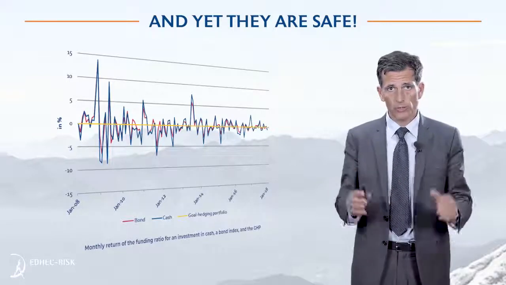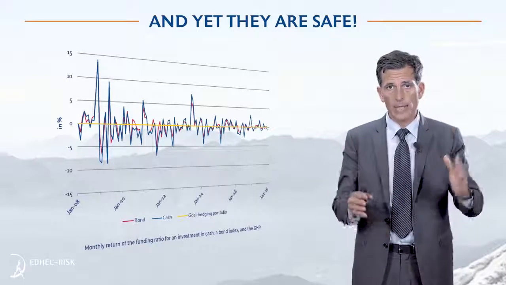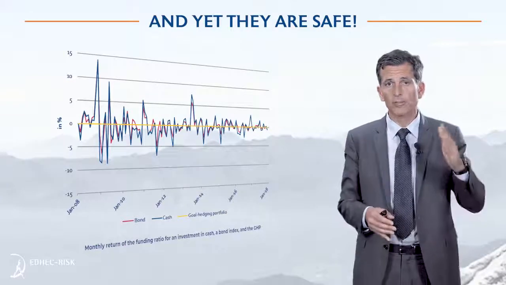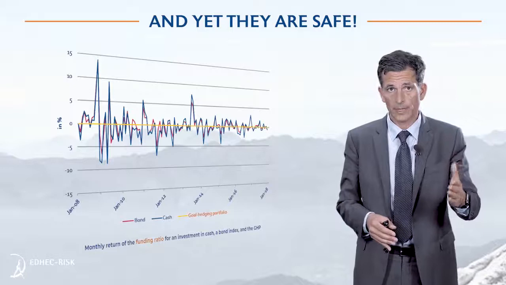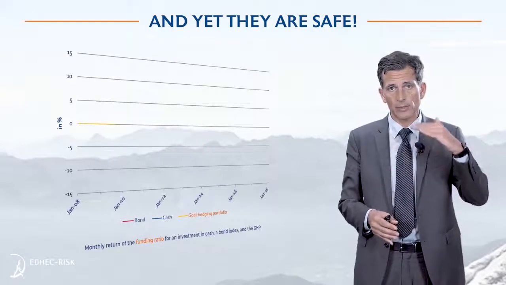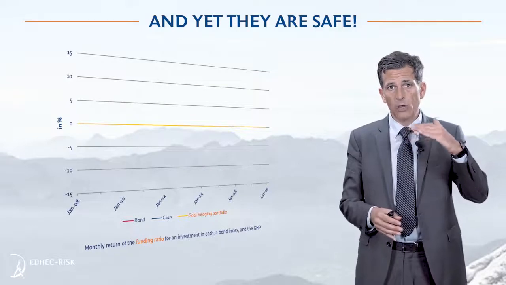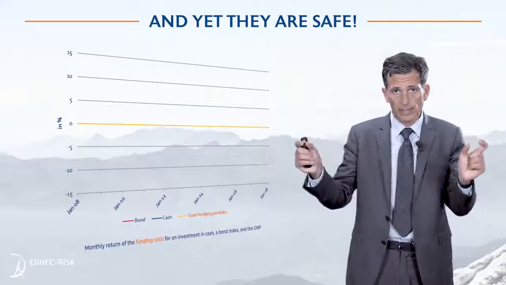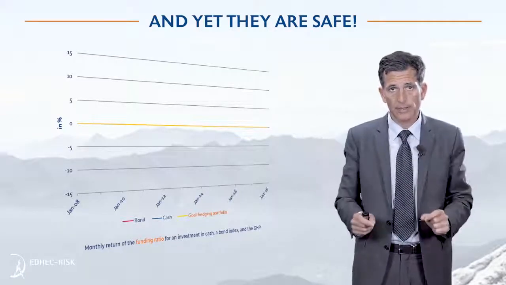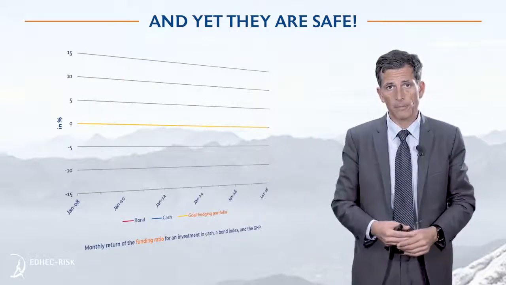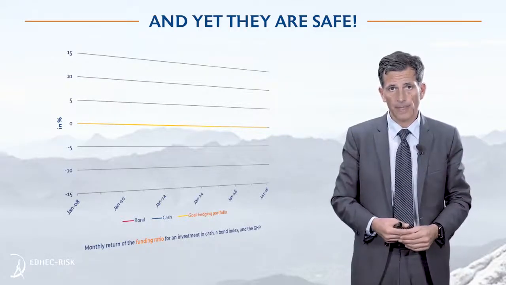So now we're switching to a new perspective where we're looking not at the return on the assets, but we're looking at the return on the funding ratio. If you're looking at the return on the funding ratio, by assumption, the retirement bond has no risk at all because the retirement bond perfectly replicates the liabilities, which in this case are defined as inflation-linked payments, replacement income payments for 20 years after retirement.